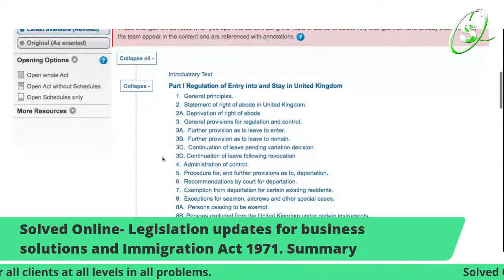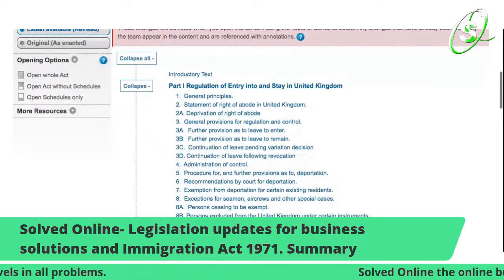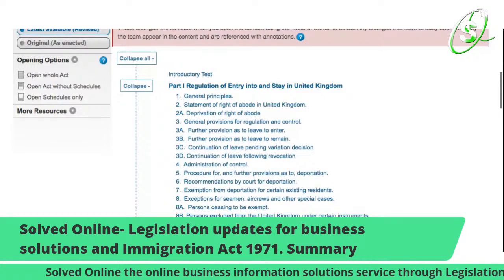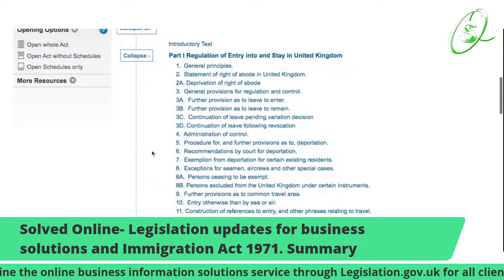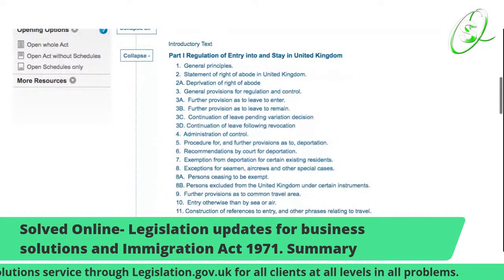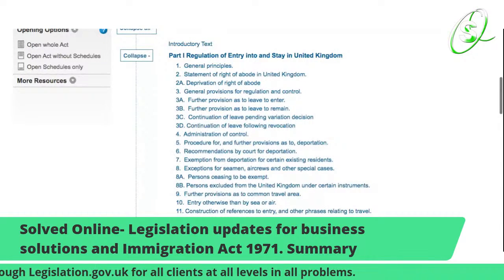So like I said, this is part 1, regulation of entry into and stay in the United Kingdom. These are all the sections: general principle, statement of right of abode in United Kingdom, the provision of right of abode.